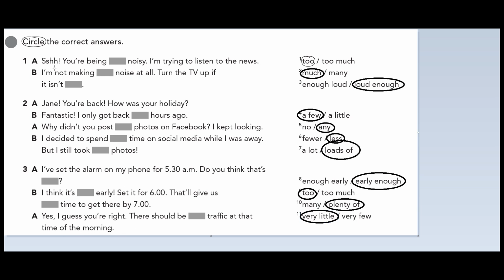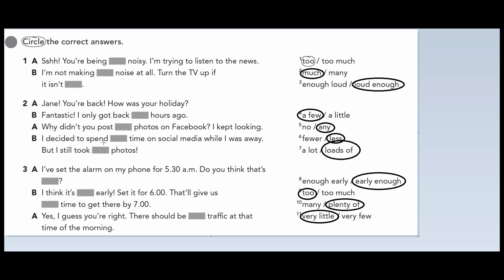So, okay, you're being too noisy. I'm trying to listen to the news. I'm not making much noise at all. Turn the TV up if it isn't loud enough. Jane, you're back. How was your holiday? Fantastic. I only got back a few hours ago. Why didn't you post any photos on Facebook? I kept looking.